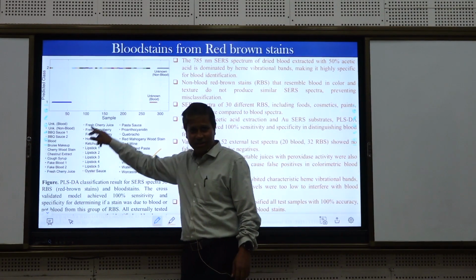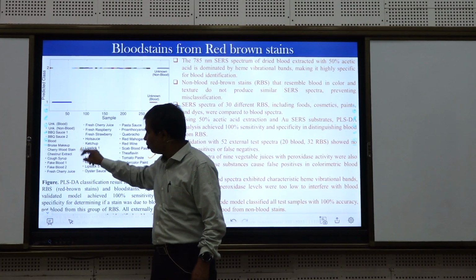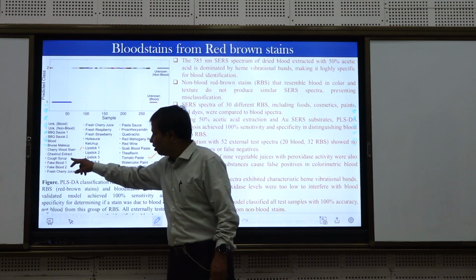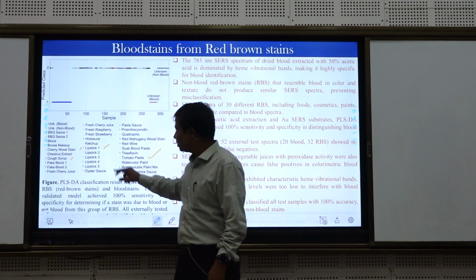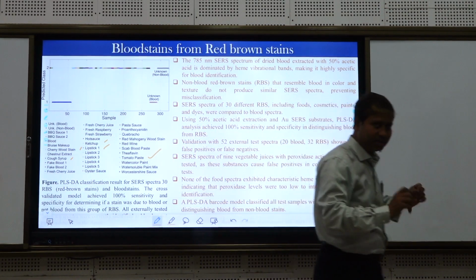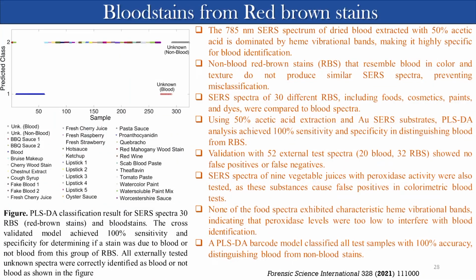Lipstick, so many things they have studied: makeup, cherry wood stain, chestnut, fake blood, cough syrup, lipstick, ketchup. They said that yes, Raman spectroscopy can help you tell whether it is dried human blood or not.